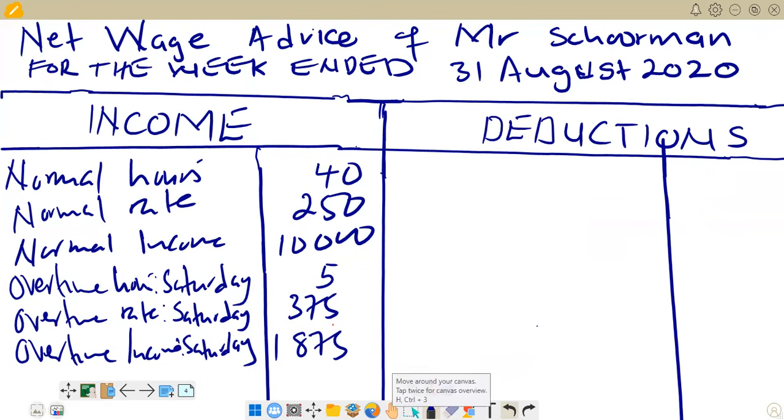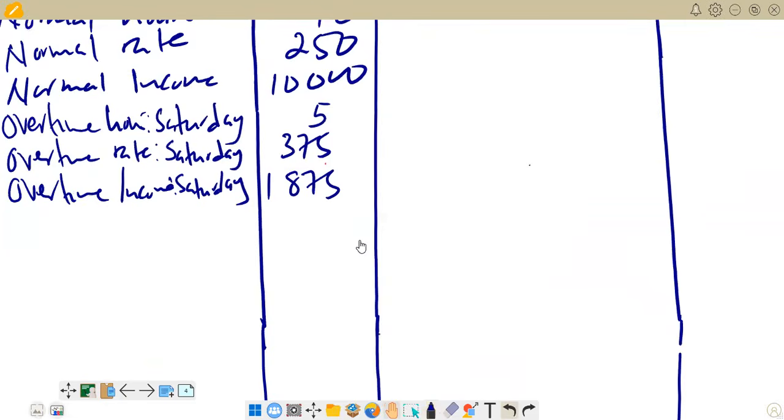So remember, we also have Sunday. For Sunday, again, we check what we have for overtime hours. Now we say overtime hours, and now we are on Sunday.